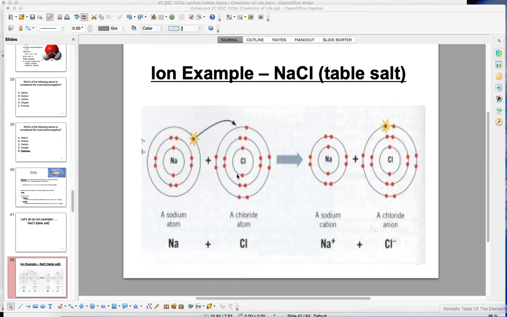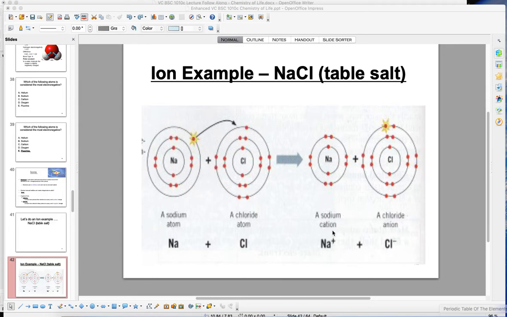So what goes on here is chlorine steals that electron from sodium, it's happy, and it becomes Cl minus 1, because it has 1 extra electron than it normally had. So it's more negatively charged. This is an anion, and remember, an anion is a negatively charged ion.